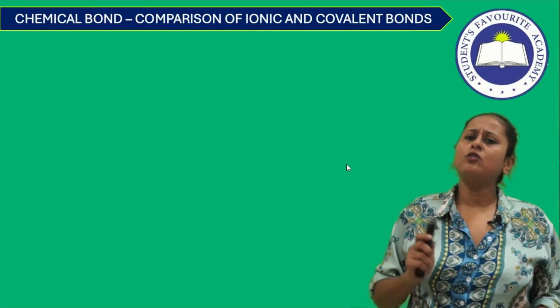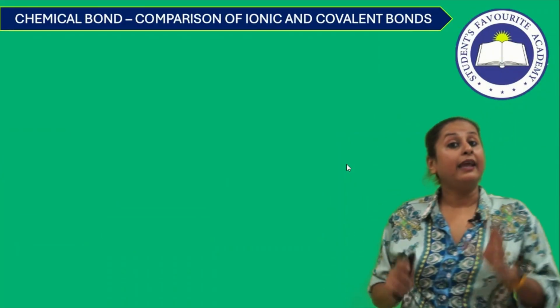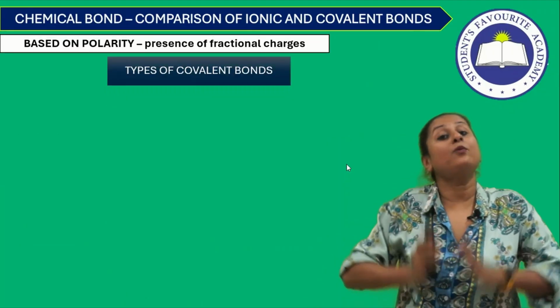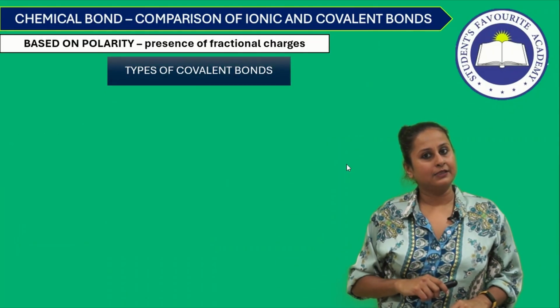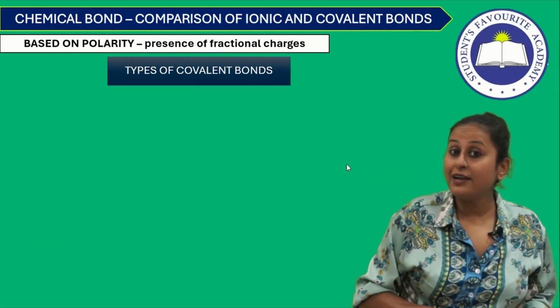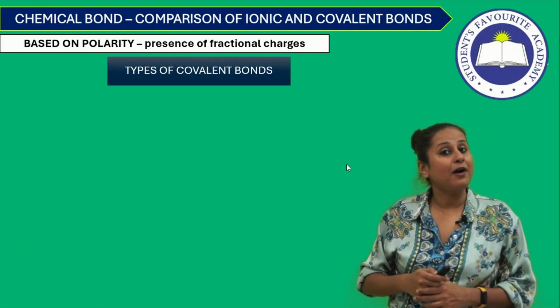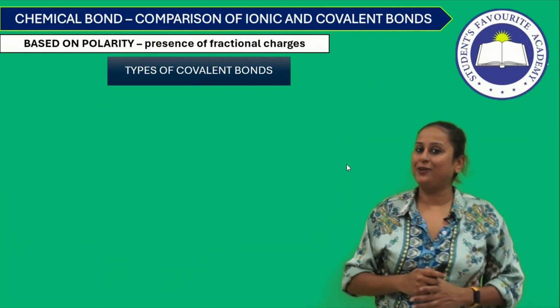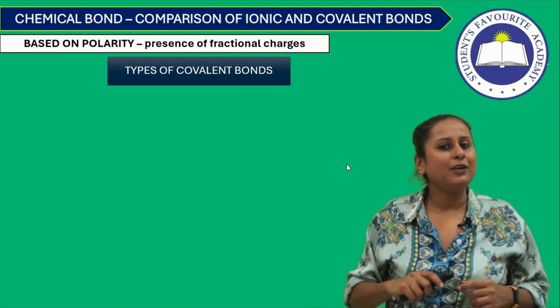When we talk about non-polar covalent bonds, the shared pair of electrons is equally distributed between the two atoms. When we talk about polar covalent bonds or polar covalent compounds, the electron pair is unequally shared between the two atoms. Why is it unequally shared?